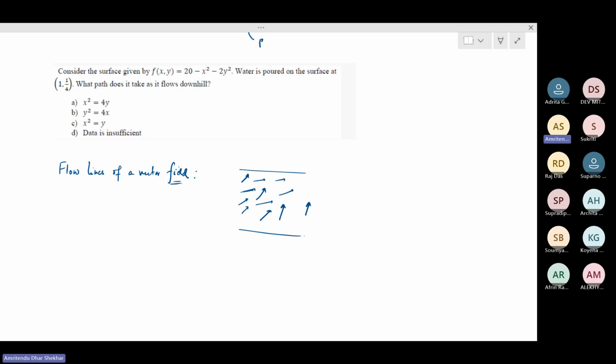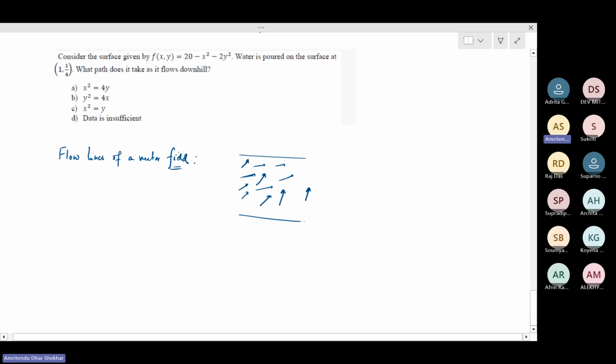This will basically trace out a curve, and this curve is called the flow line or the integral curve of the vector field. So let me write a definition: a flow line, or integral curve, of a vector field.